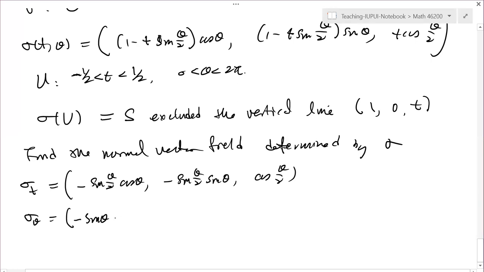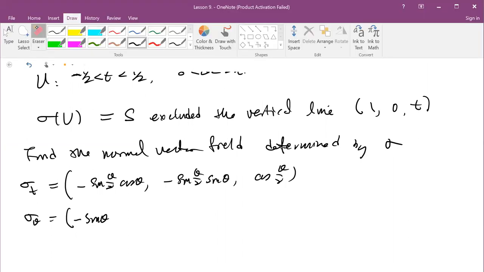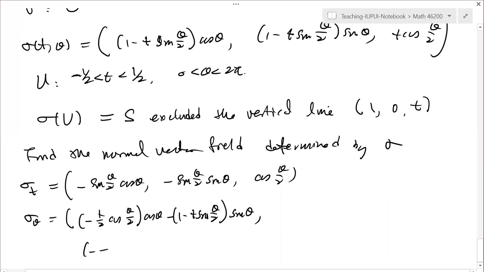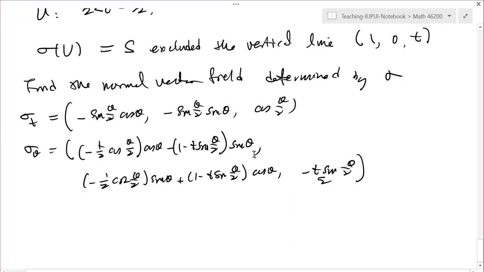Differentiating with respect to theta, the first term is half of t cosine half of theta times cosine theta, minus (1 minus t sine half of theta) times sine theta. The second term is negative 1/2 cosine half of theta sine theta, plus cosine theta, and then negative t sine half of theta divided by 2.